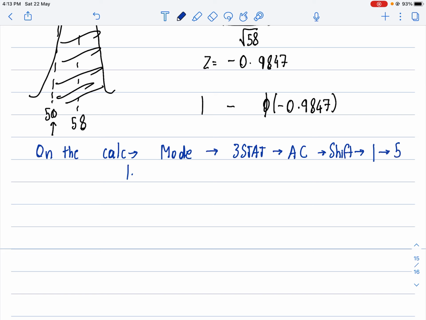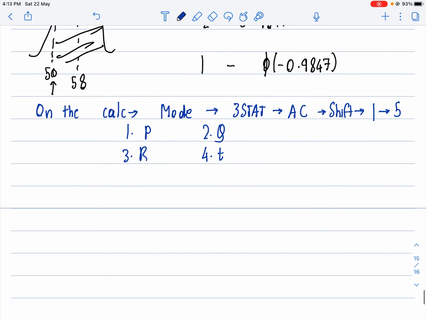Now I'll get options like 1 P, 2 Q, 3 R, and 4 T. Options 2 and 4 are not important. We care about P and R. P means less than of the Z value, and R means more than of the Z value.